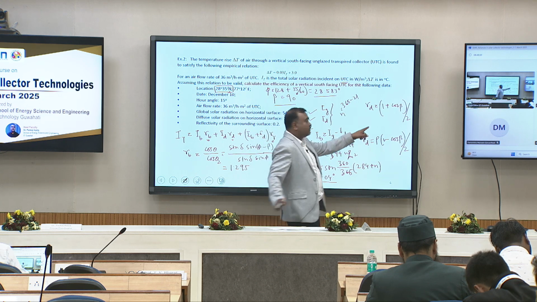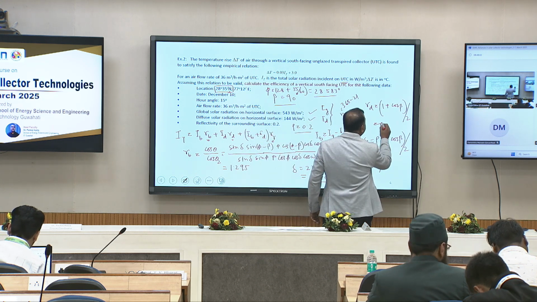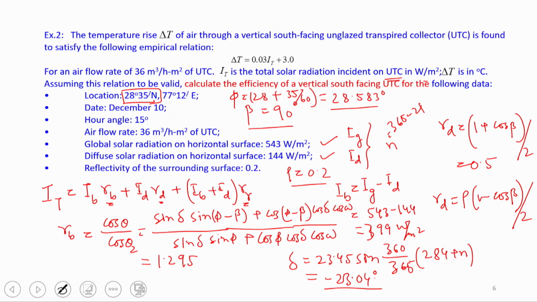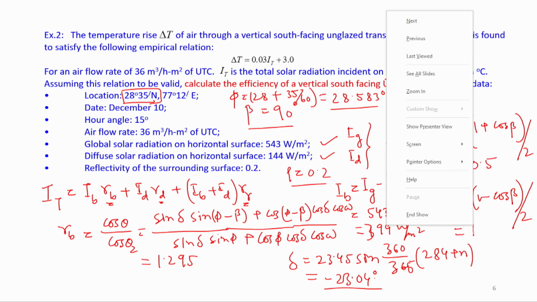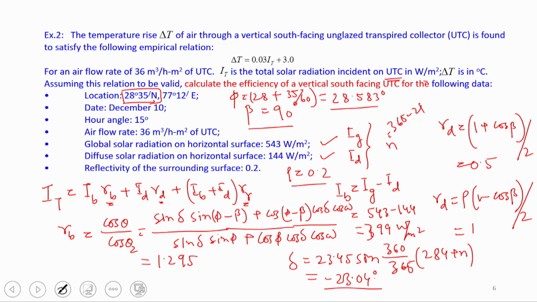Point 5 and here 1, because cos beta is 0, right? It's 0.1, it is 0.2, it is 0.1, right? Okay.